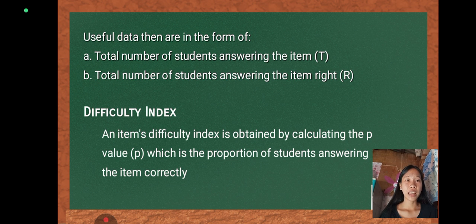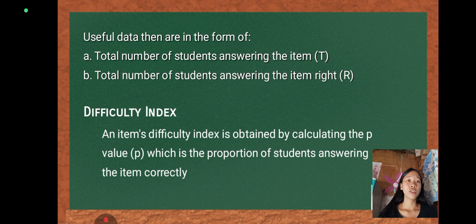So useful data are: A, total number of students answering the item, or the T symbol; B, total number of students answering the item right, or R. An item's difficulty index is obtained by calculating the P value, which is the proportion of students answering the item correctly.